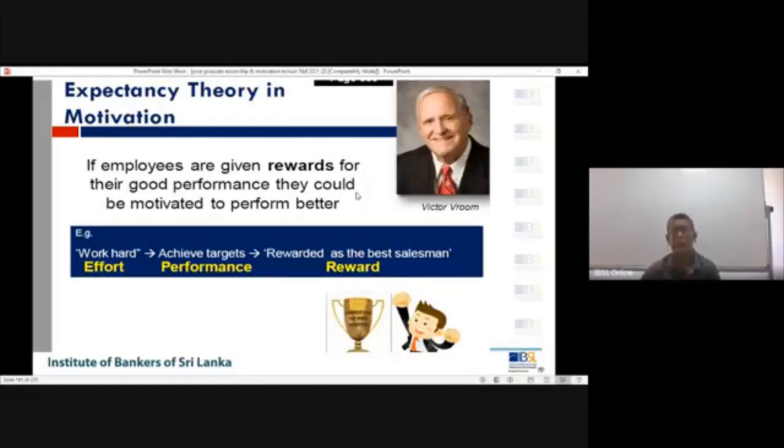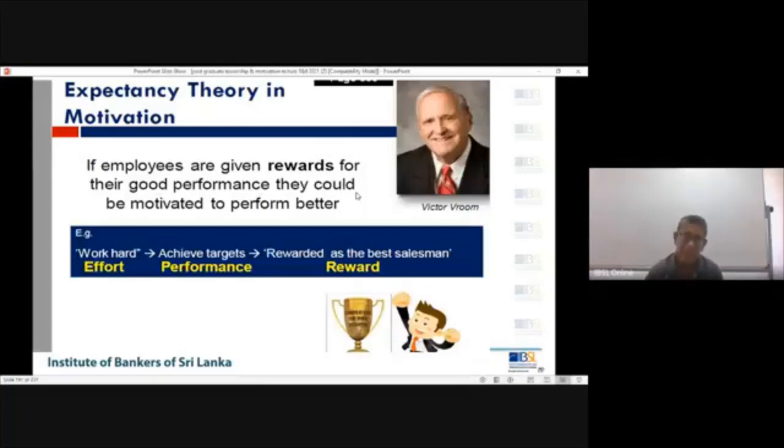That is why we have a lot of schemes in banks, like best branch, best employee. Okay, example. Now, what is effort? Work hard. If you work hard, if you make an effort, you achieve your targets.